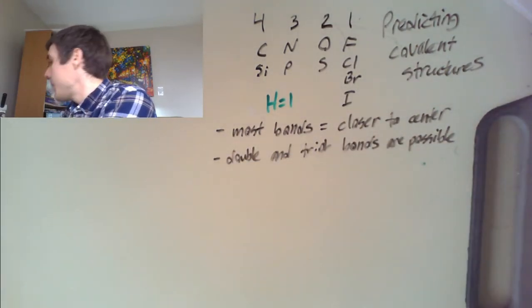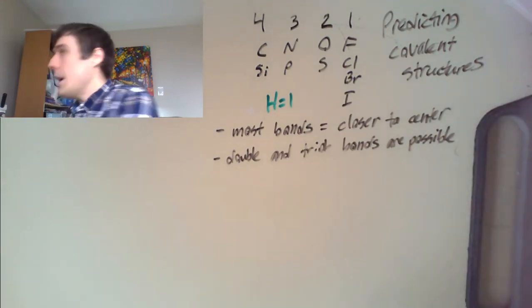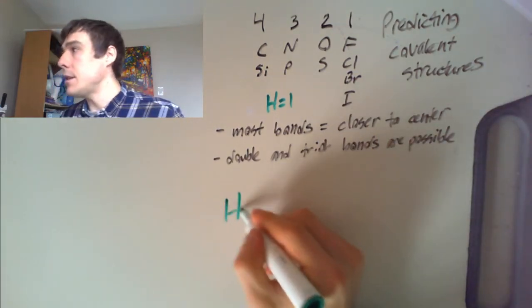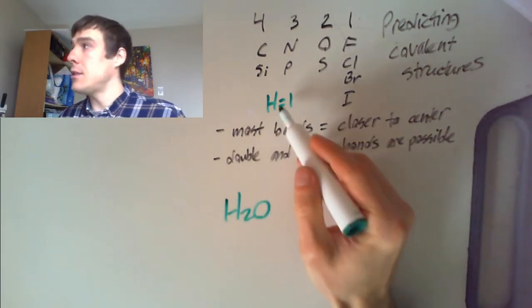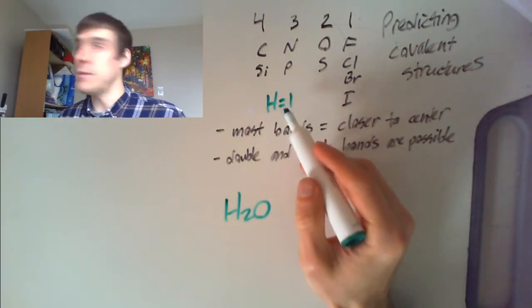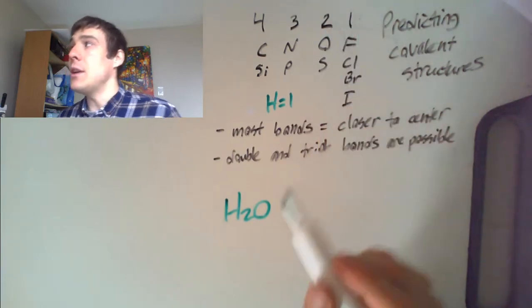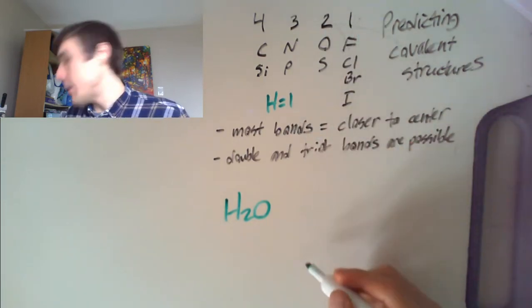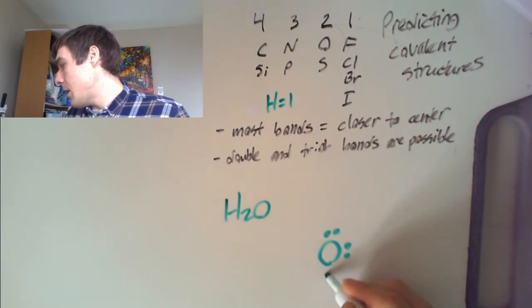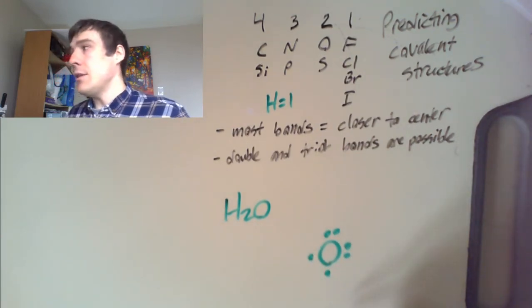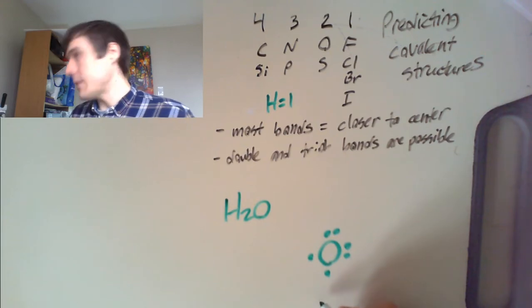We can try, for example, H2O, the classic H2O. It means there's 2 hydrogens and 1 oxygen. Hydrogen makes 1 bond. Oxygen makes 2 bonds, so more bonds closer to the center. We'll put the oxygen in the center. It makes 2 bonds. And there's the Lewis structure of oxygen, 6 valence electrons.